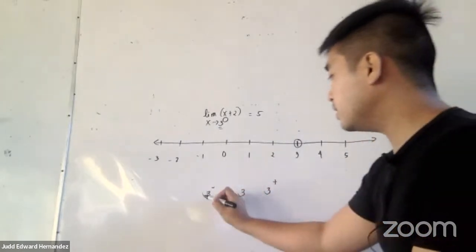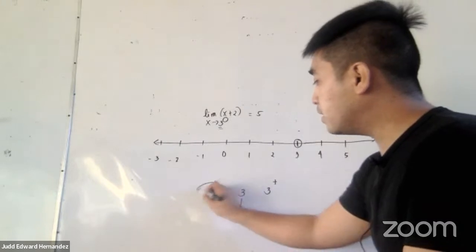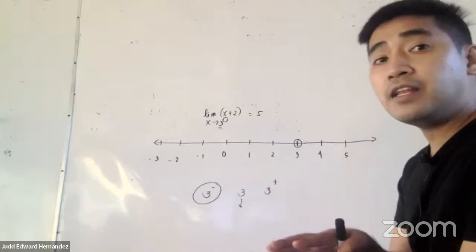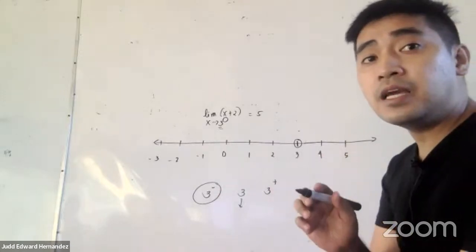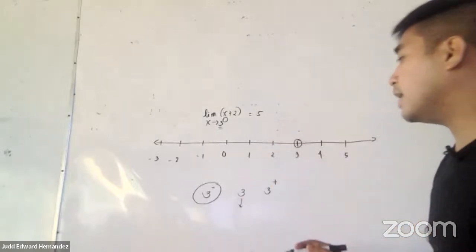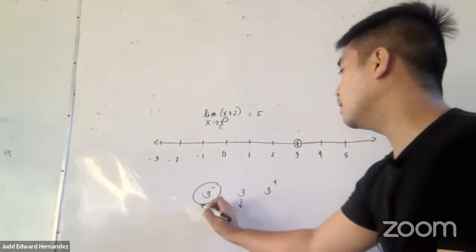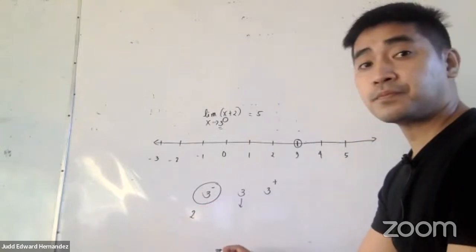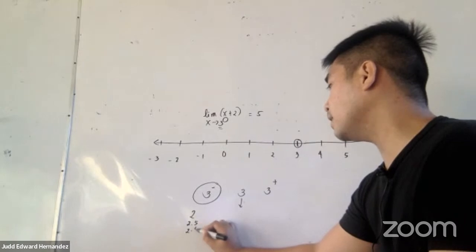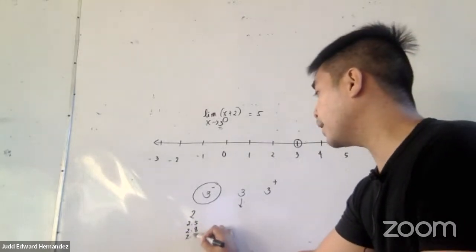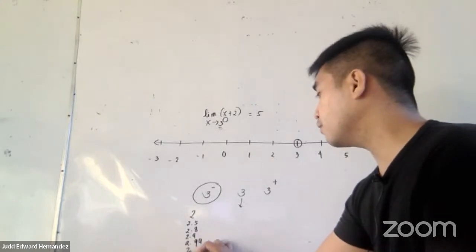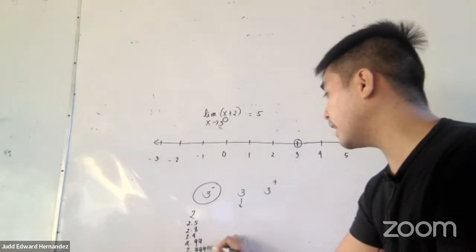Okay, what does this mean pag sinabi nating 3 from the left? Ibig sabihin, these are the values that are less than 3, but are approaching 3. Okay, what are the examples? For example, we have 2, we have 2.5, we have 2.8, we have 2.9, we have 2.99, we have 2.9999.